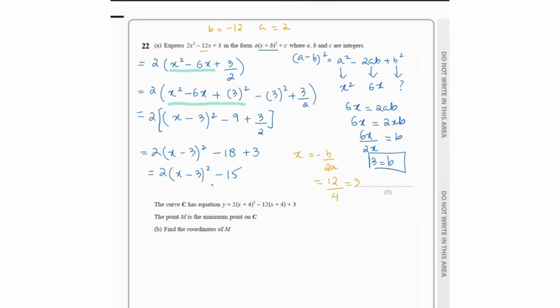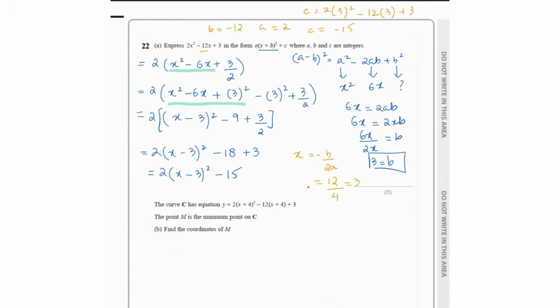So you write x minus 3, because it's always negative in the bracket, not positive. And once we have the x value, you put it back into this equation to find the y value. So 2 times 3 squared minus 12 times 3 plus 3. That would give us negative 15. So that becomes your C value.